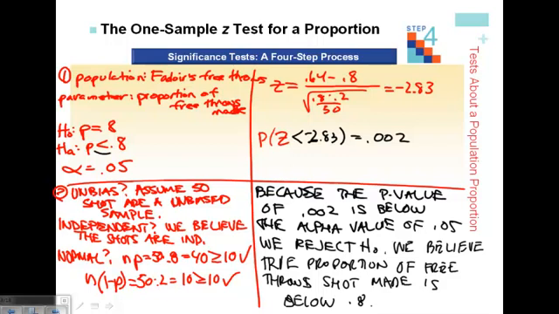So the four-step process doesn't look much different than what we had before. We just have this new mantra at the end claiming whether we're going to reject H0 or not reject H0. Now, the other thing I need to show you is I showed you how to do this calculation by hand.